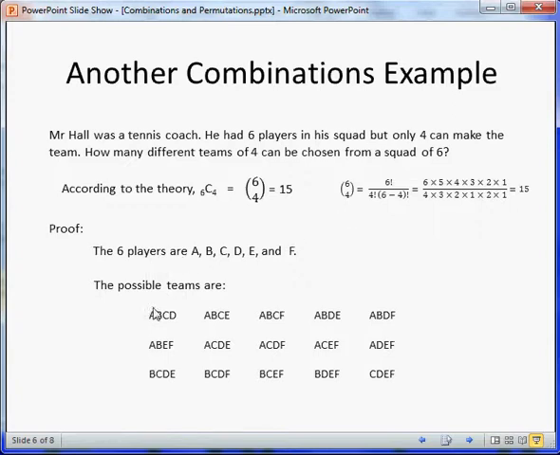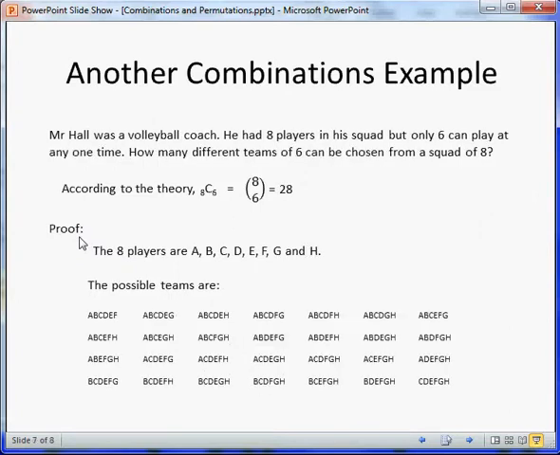You can see there 3 rows and 5 columns, 15. This little formula up here, 6 combination 4 is 6 factorial divided by 4 factorial divided by 2 factorial, 6 minus 4, and you'll get 15 that way too. Okay, this theory works. I'm not showing you where it comes from. I'm just proving it, or it's not really proof, it's a verification. But there we go.